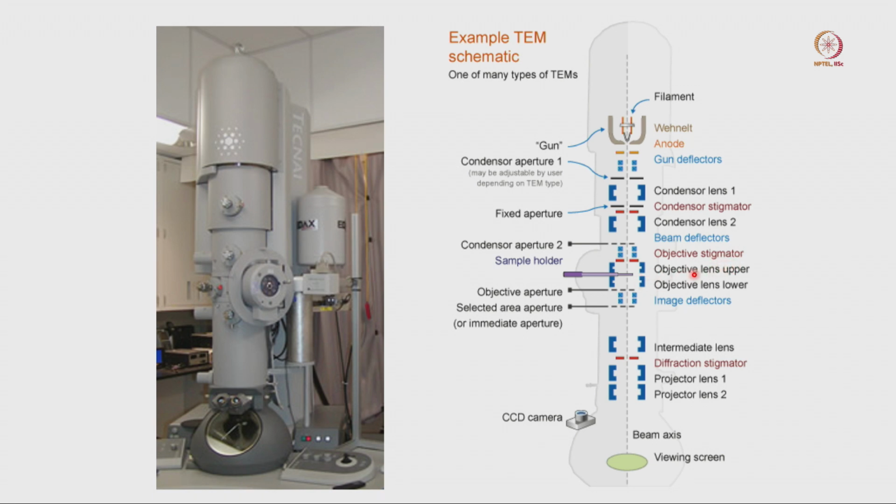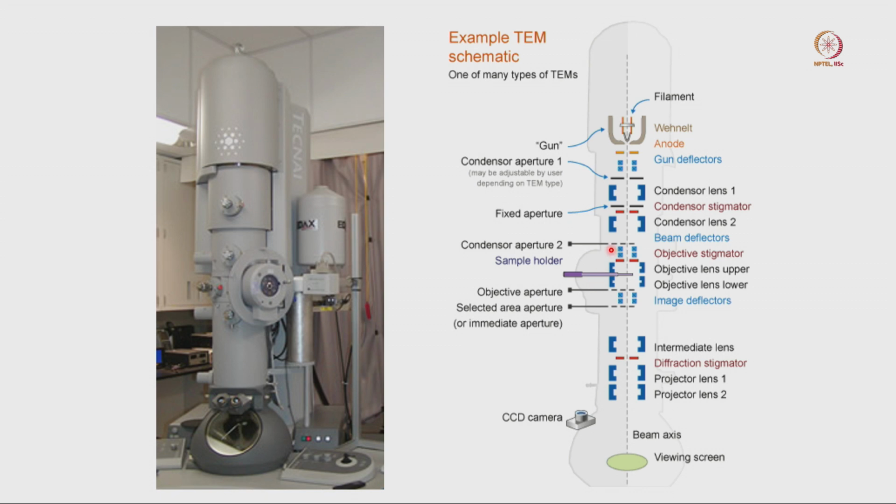As I mentioned in the last schematic diagram, the lens system is split into two, the upper objective lens and the lower objective lens. Then it comes to the image deflector. After that the intermediate lens, diffraction astigmator, then projector lens 1 and projector lens 2.